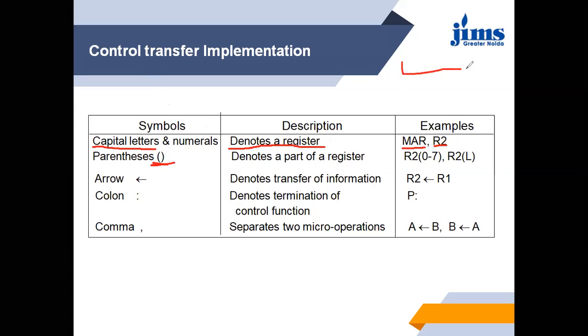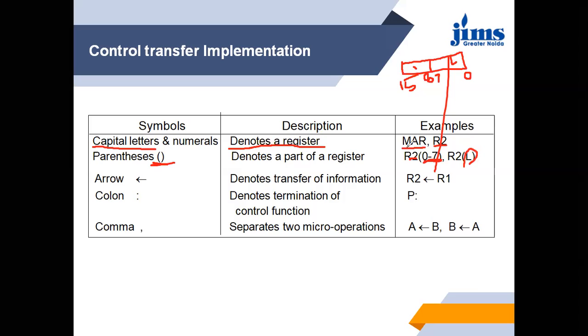Suppose this is a register R2, and the bits from 0 to 7 are the lower half, and from 8 to 15 the higher half. So we can write R2 0 to 7, meaning this part, which is the lower part.